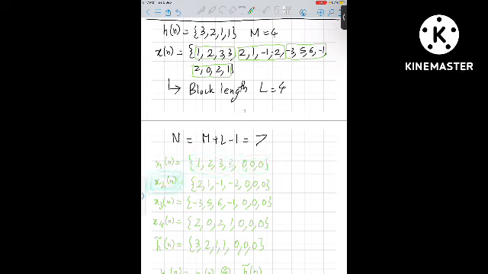And what will be our h tilde of n? It was 3, 2, 1, 1. I want to make it a 7-point sequence, so 0, 0, 0.